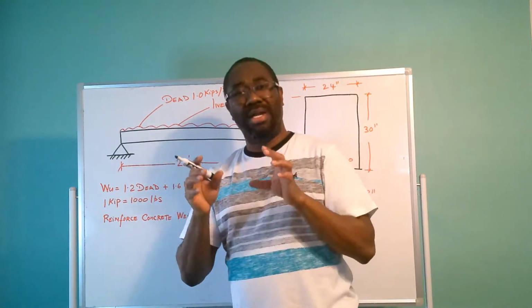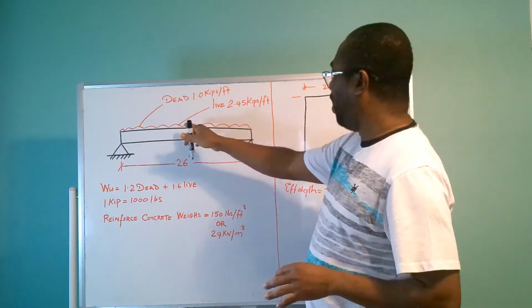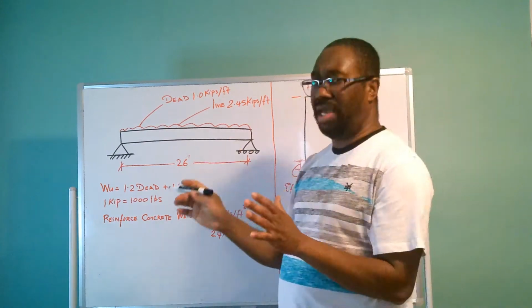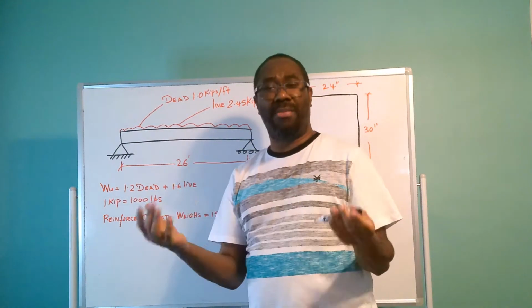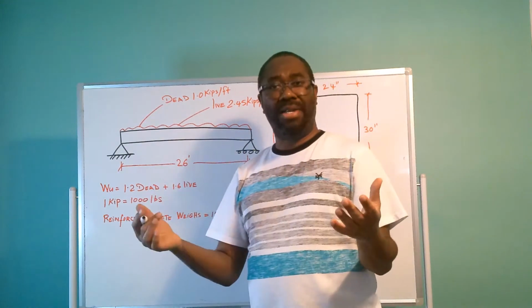But we do not need to do that in this example because this beam is a UDL. So if it is a UDL, we can use the formula to calculate the maximum bending moment.